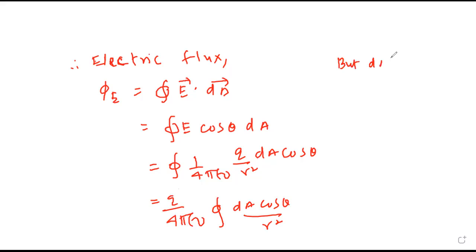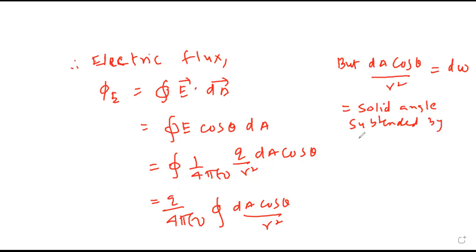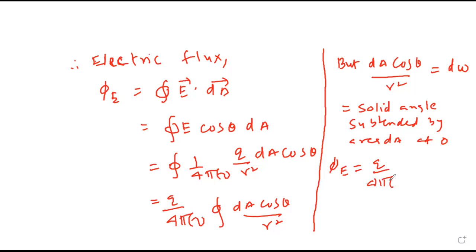But dA cos theta upon r square is d omega, that is solid angle subtended by area dA at O.